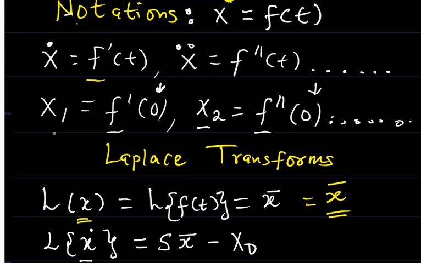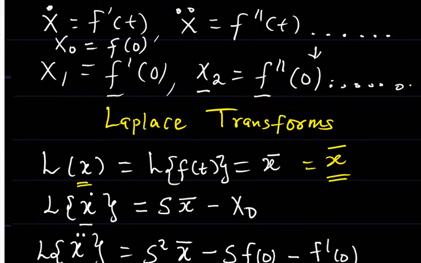Invariably, that's one I didn't include here. Let me fix it in. So if you see me using x 0, that's not f prime, just f of 0. x 0 is just f of 0. Please take note of that. So the Laplace transform of the first derivative is given as x bar minus x 0.